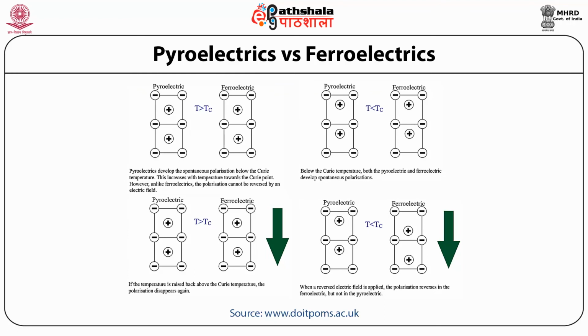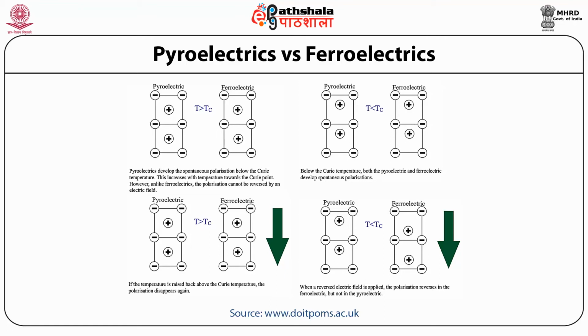Now let us discuss the differences between pyroelectric and ferroelectric materials. Although both ferroelectric and pyroelectric materials must be non-centrosymmetric and polar, the essential difference lies in what happens when an electric field is applied.